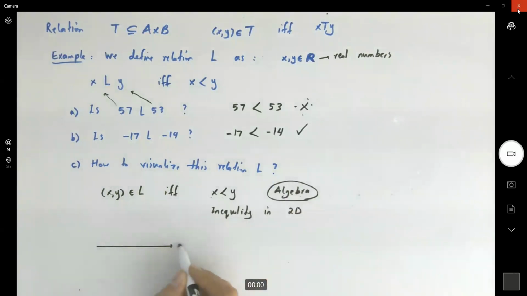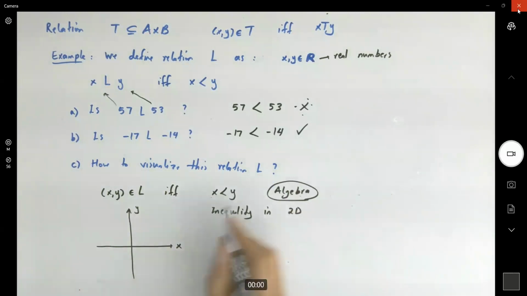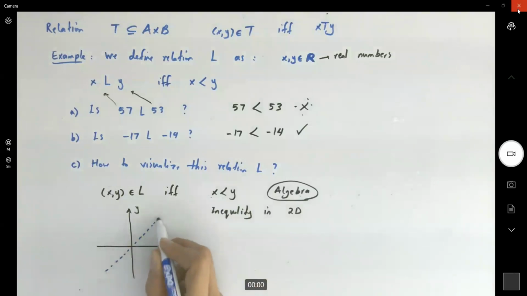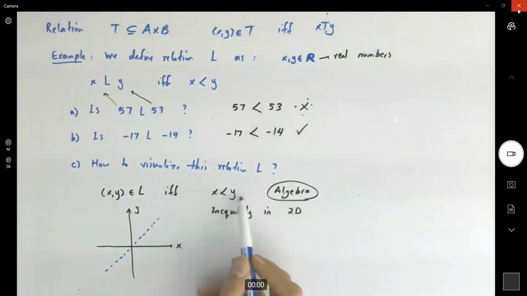So you have your x-axis, you have your y-axis, x equals y. Here you have a dotted line because there is no equality. And you're going to shade numbers on the left-hand side. The right-hand side is not acceptable. All x values that are less than y values.